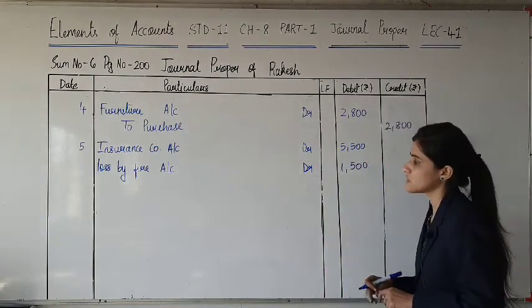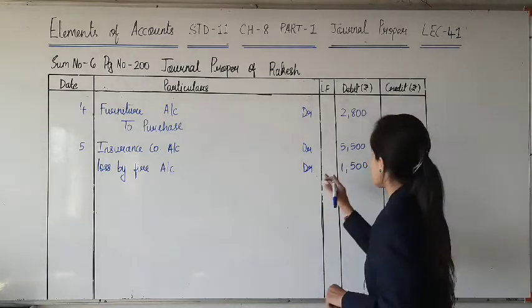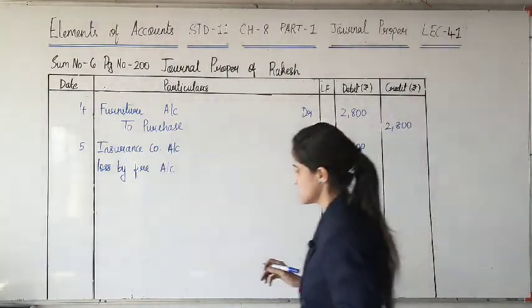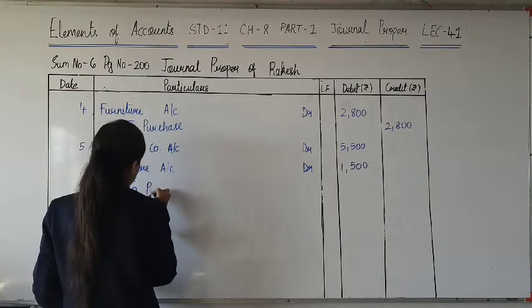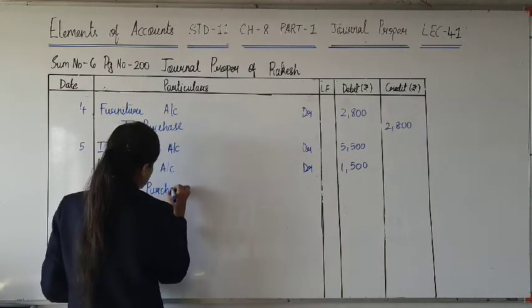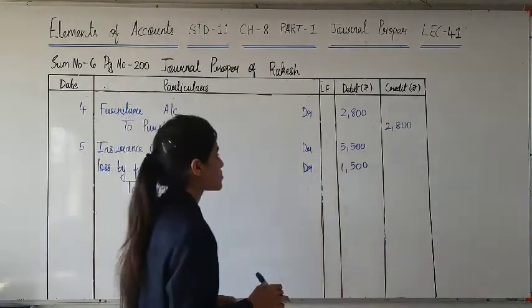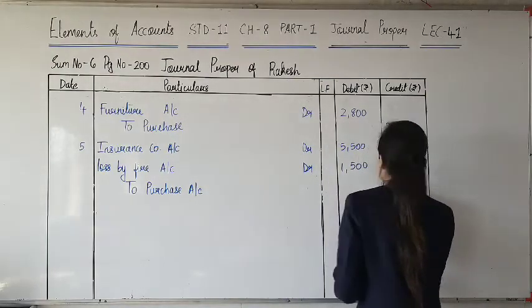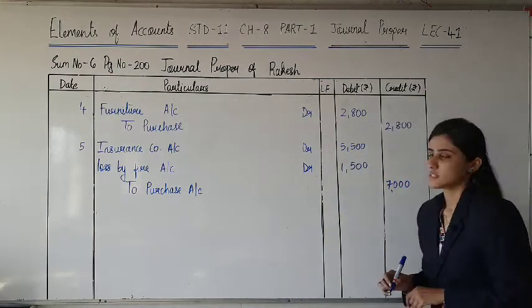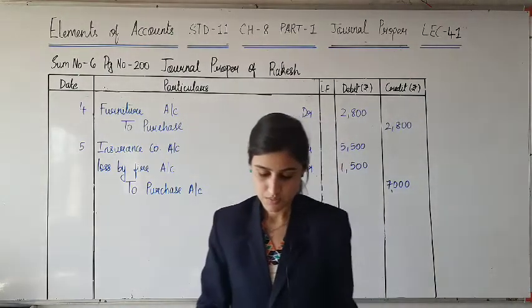Loss is to be debited as per the rule of nominal account. So loss by fire account debit 1,500. To purchase account, total goods destroyed by fire, goods of rupees 7,000.